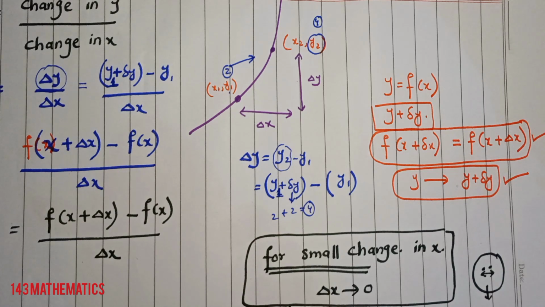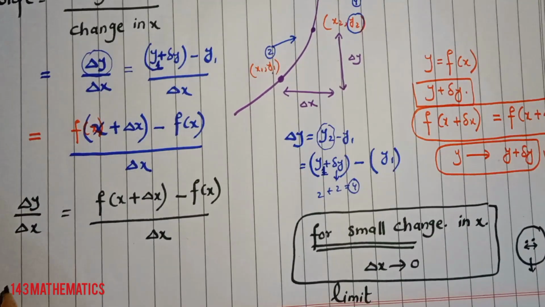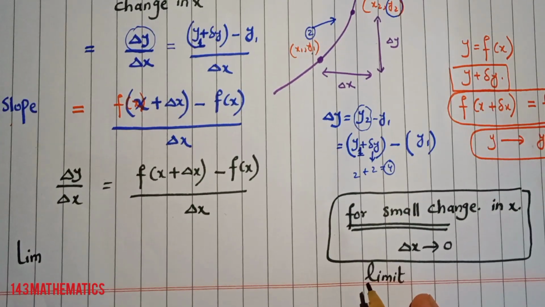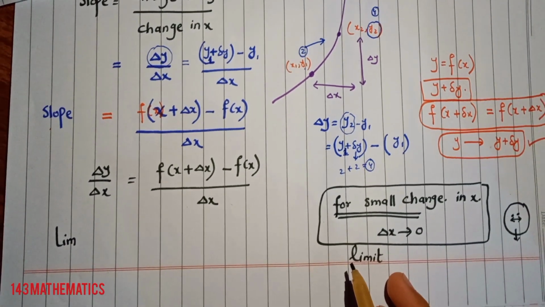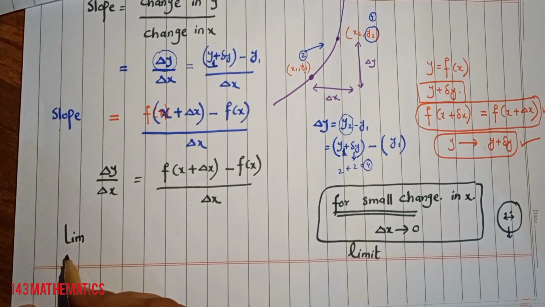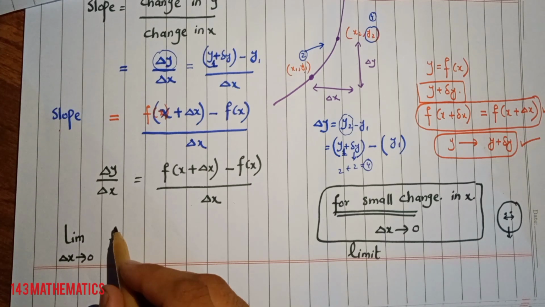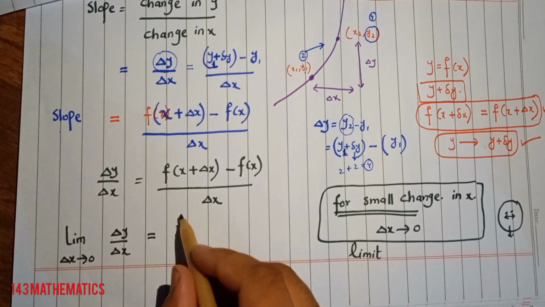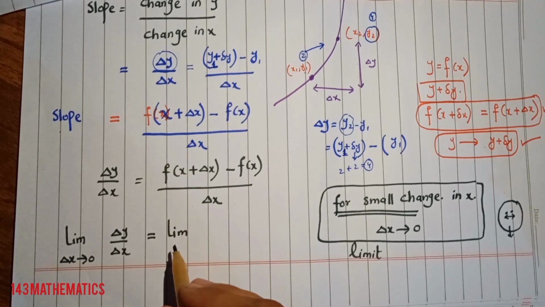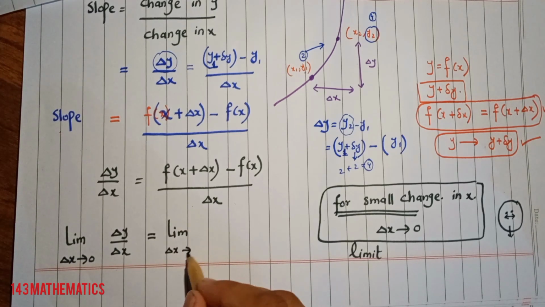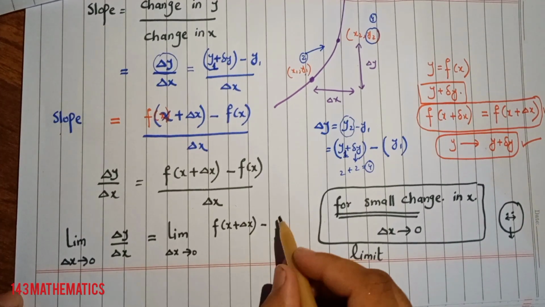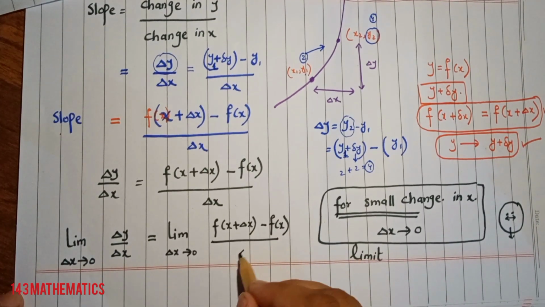So after applying the concept of limit, if I write limit delta x approaches 0, del y over del x is equal to limit del x approaches 0 of f of x plus del x minus f of x divided by delta x.